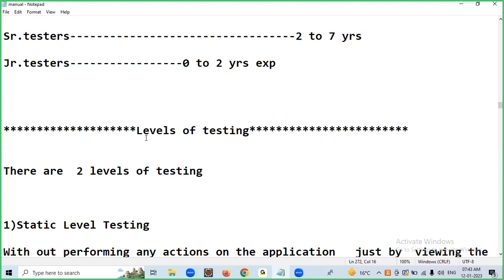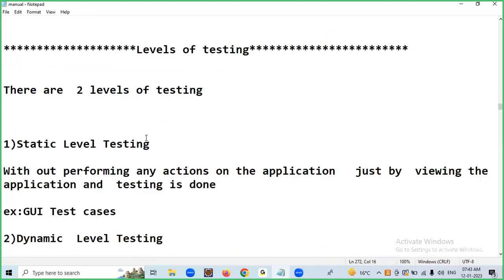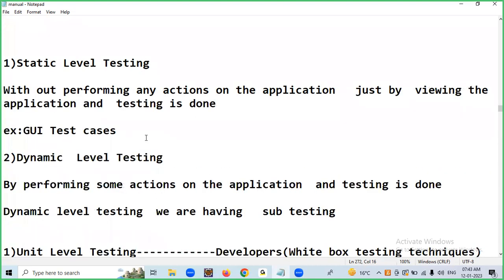What do you mean by static? What do you mean by dynamic? We are going to discuss right now. So static level testing means what? Without performing any actions. I'm not going to perform any actions.